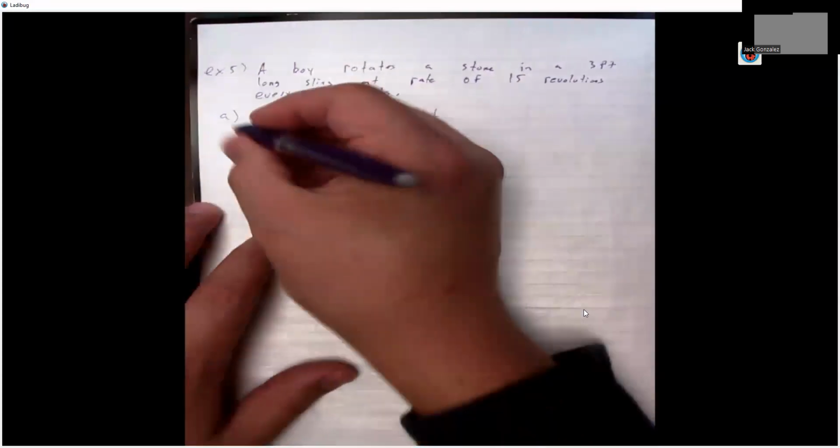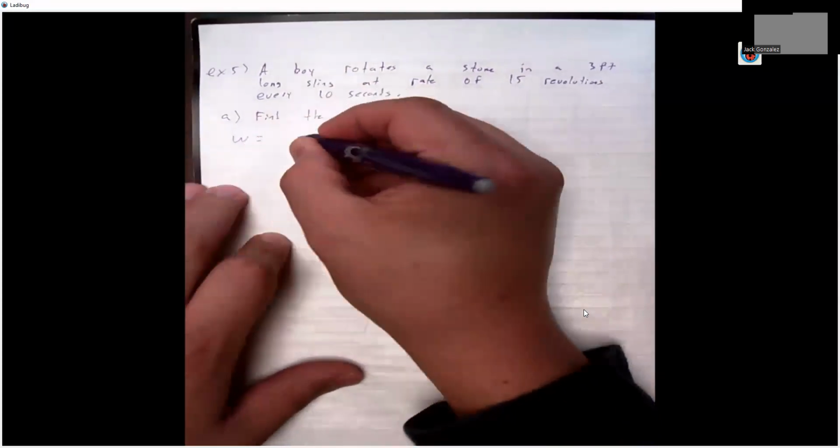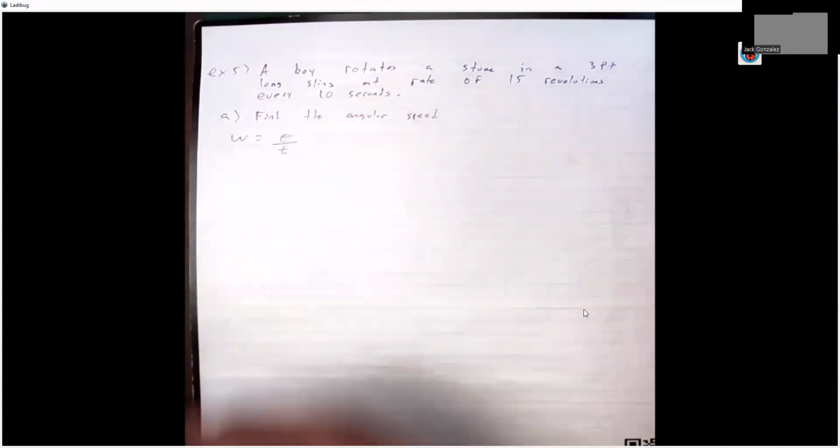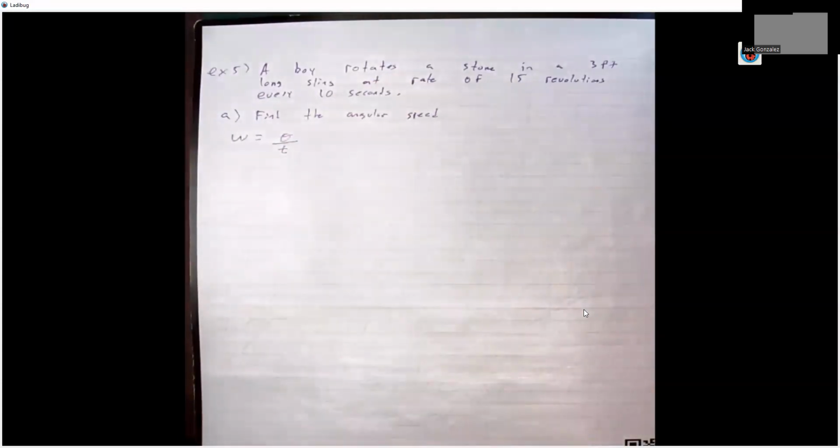Okay, and the formula for angular speed I gave you was omega equal to theta over time. So theta would be how many times we went around, over time, which is 10 seconds.